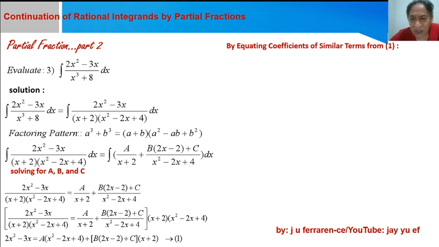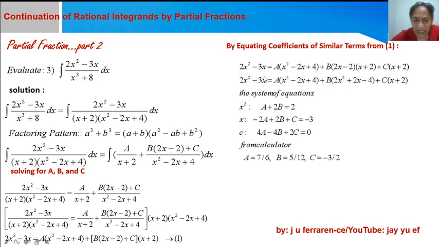Since I'm already using the method of assigning values in the first and second example, I'll be using assigning values and finding the value of a, b, c in this third example. From equation 1, these are the terms of my equation.